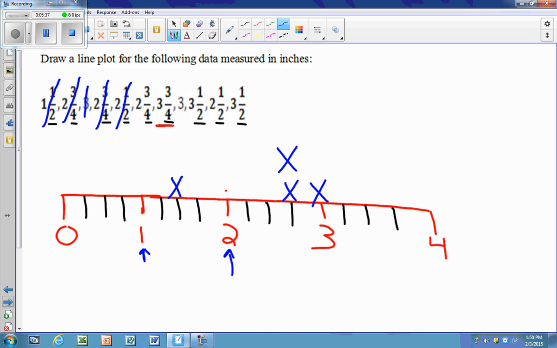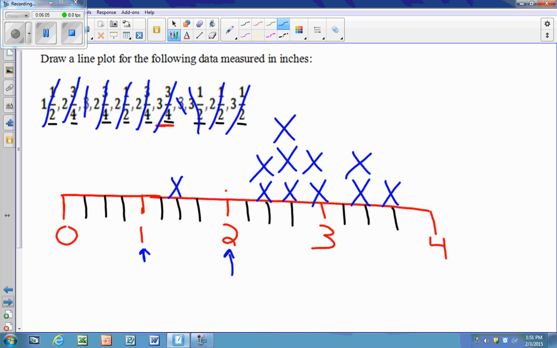Then a 2 1/2, which is the same as 2 and 2/4, so here's the 2 and here's the 2/4. I have 2 and 3/4. Then I have 3 and 3/4. Then another 3. Then a 3 1/2, the first time for a 3 1/2, which is 3 and 2/4. Then 2 1/2, which is 2 and 2/4. And then a 3 1/2.